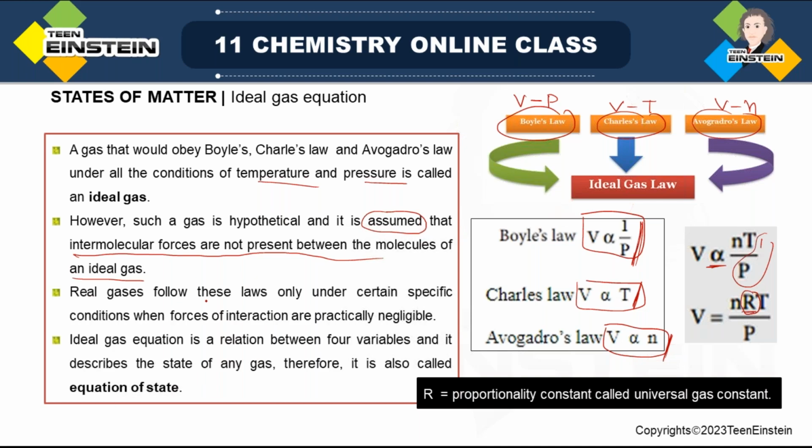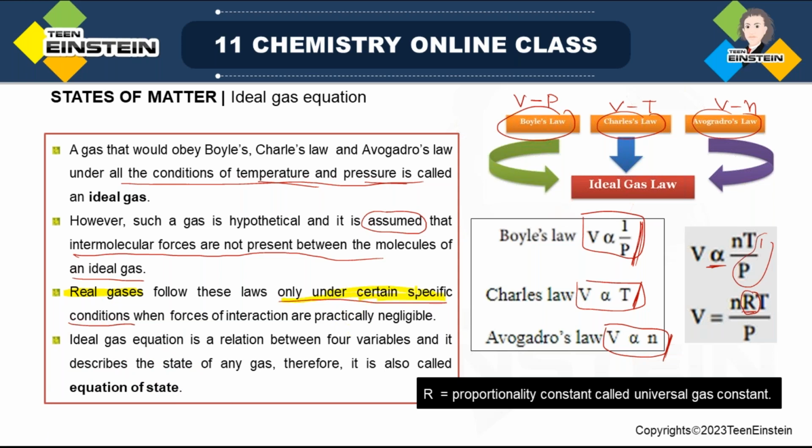Real gases follow these laws only under certain specific conditions. For ideal gas, remember the first line, what is mentioned: under all conditions of temperature and pressure. But when it is a real gas, you cannot say it will be followed under all conditions of temperature and pressure. Now there are some restrictions.